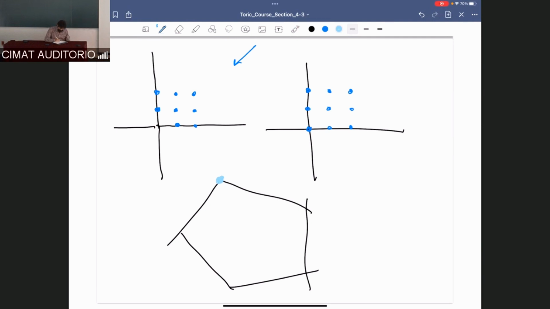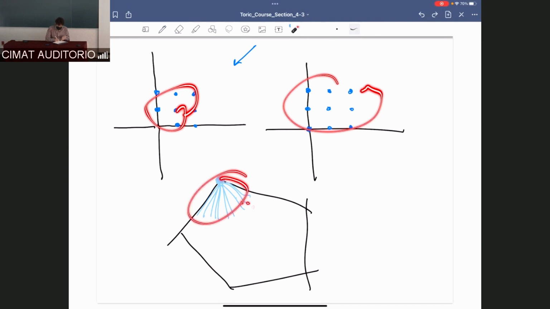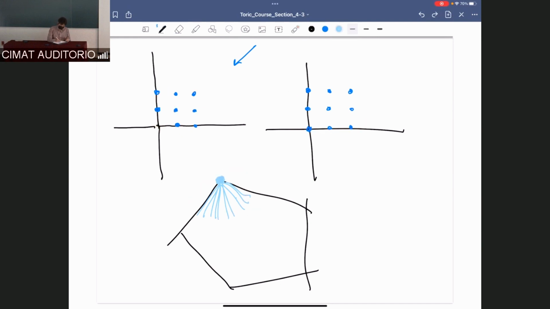If I take one of these guys, the cone is the dual of the directions I see here. And I want the one over there to be smooth, but this one is the dual. And the dual of smooth like this is smooth. So what I'm saying is that this one be smooth. So I can read it here as well.